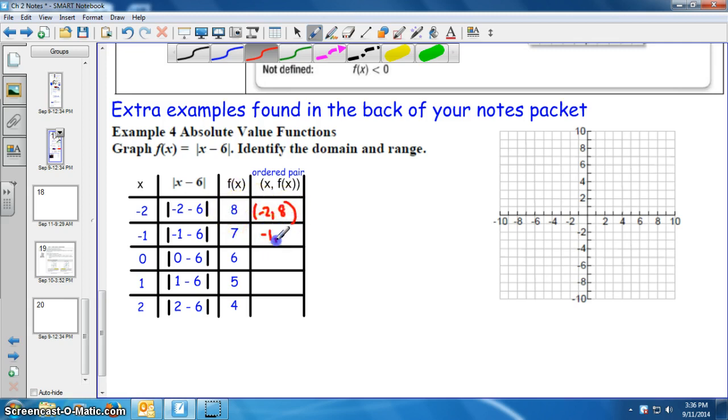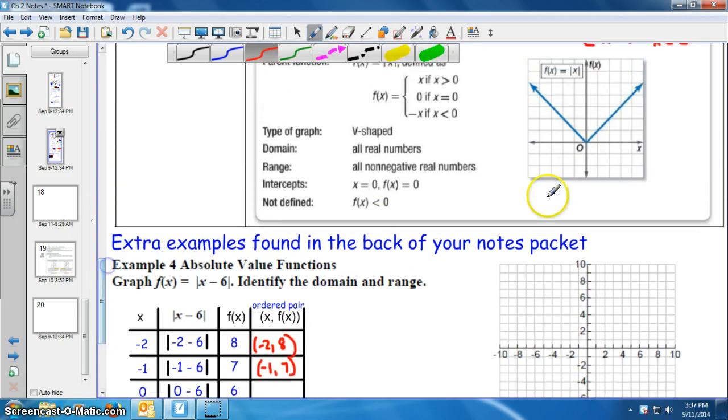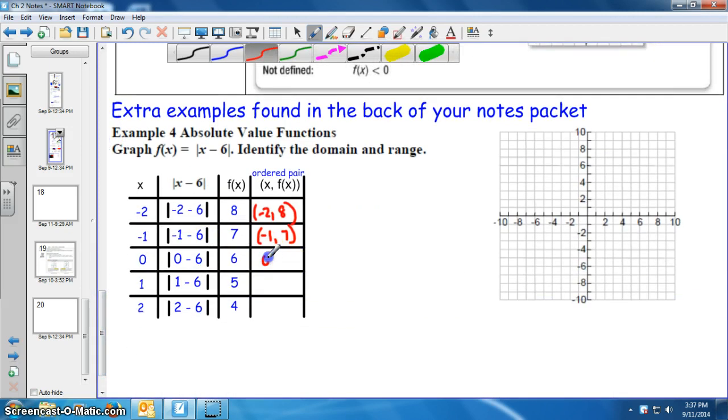So we can go ahead and now plot these points, and as you noticed above, an absolute value kind of forms that V shape, so we should have that V shape as we plot these points. So it's not going to be all of them, there's definitely a lot more, but we do want to make sure we've got that V shape. So let's go ahead and plot these points.